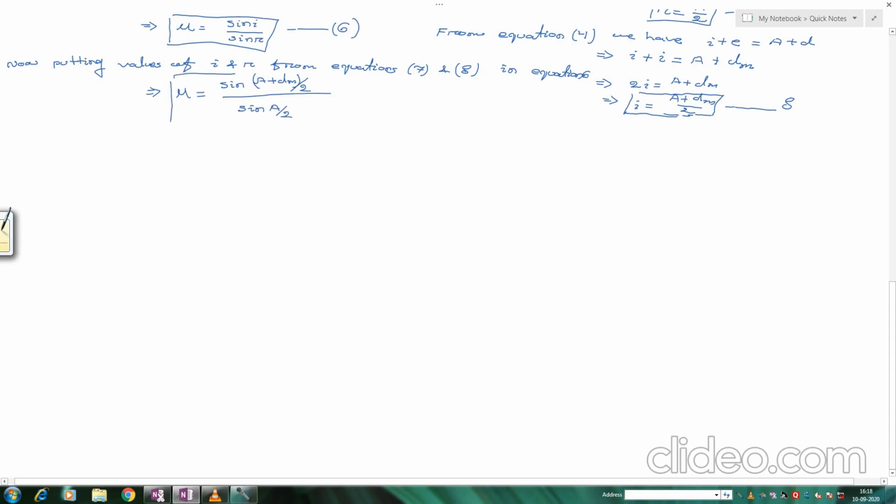So this is the required relation between the refractive index of the material of prism, angle of prism and angle of minimum deviation.